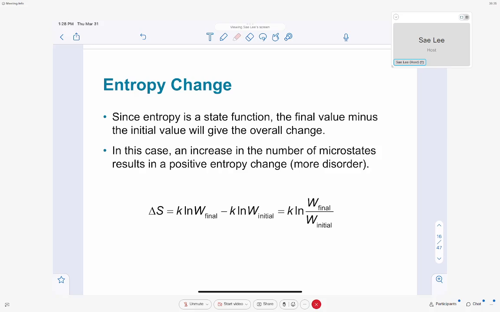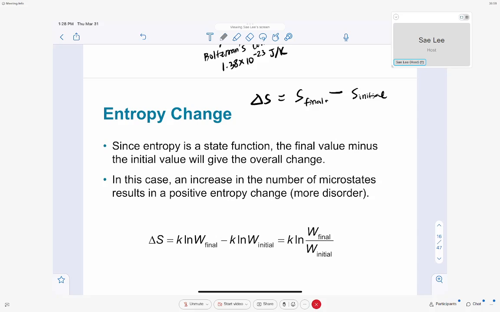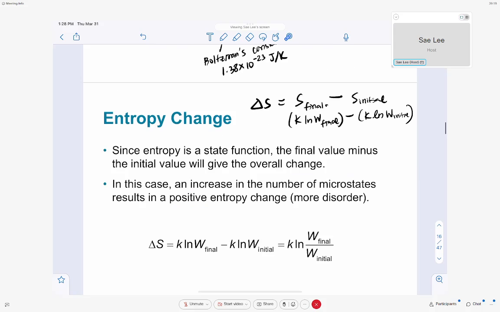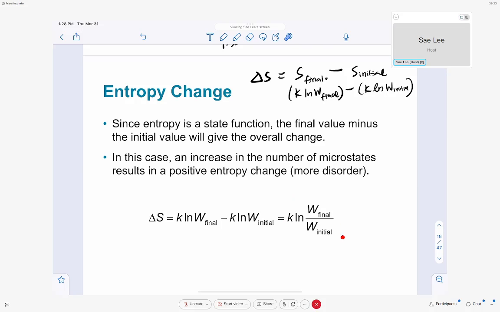Since we've learned that the change in entropy is the final entropy minus the initial entropy, if we substitute this equation into here and rearrange, we will get this equation.